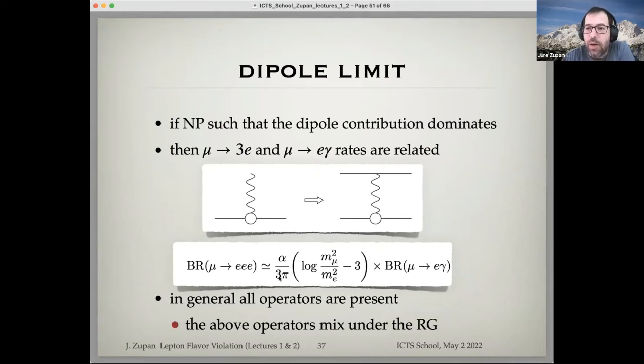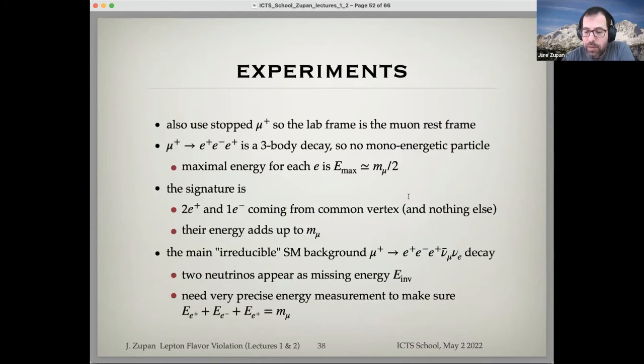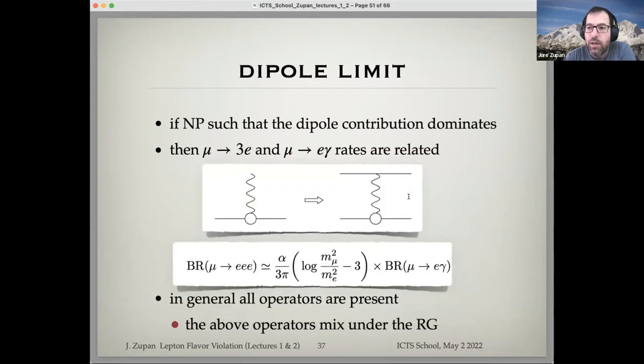Once you do the integral, you know it's just 3 here, not 4. That is the naive expectation. The log of mu squared over me squared comes from the integral. So the branching ratio of mu to eee is therefore a calculable factor times the branching ratio of mu to e gamma.